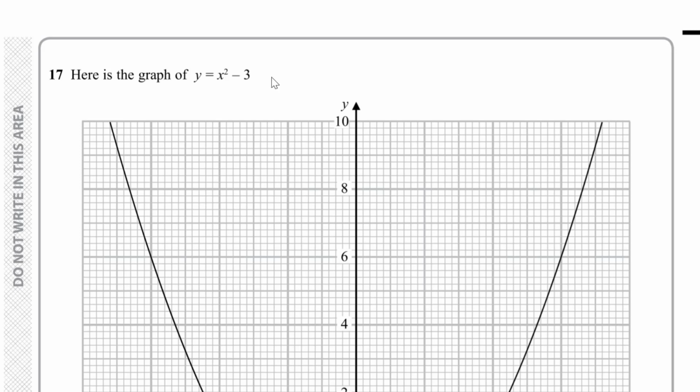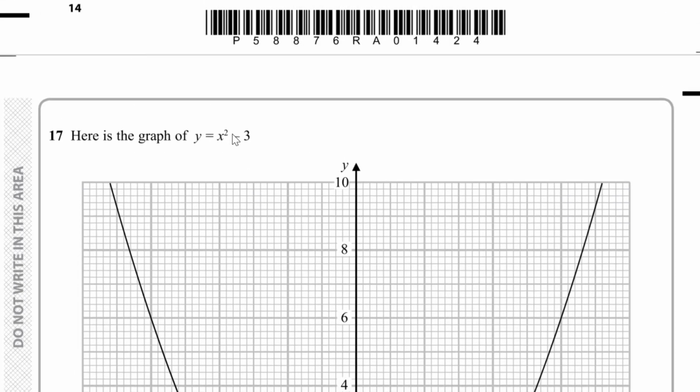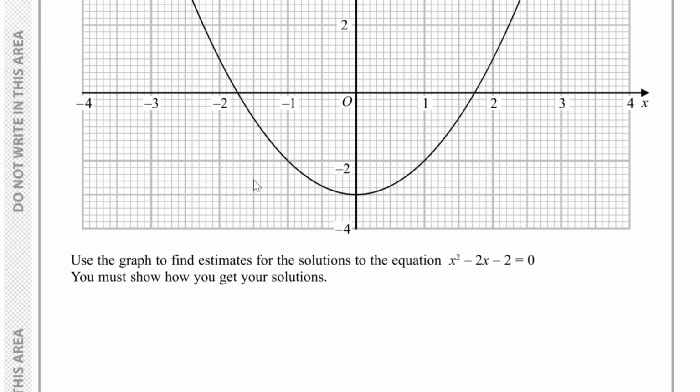Well, if we consider x squared minus 3 and this x squared minus 2x minus 2, to make these the same, if we start off with this x squared minus 3, to get this result over here, we need to subtract off a 2x, and then we need to add 1. So x squared minus 2x, and then the minus 3 plus the 1 give the minus 2. And all this is equal to 0. So this and this are the same.